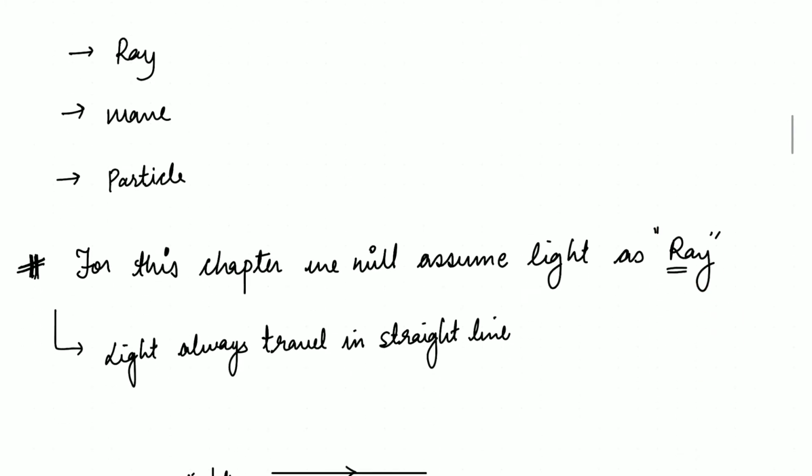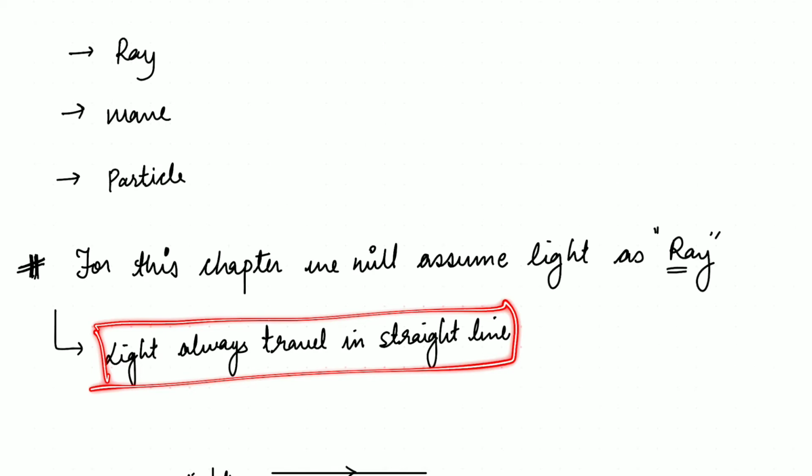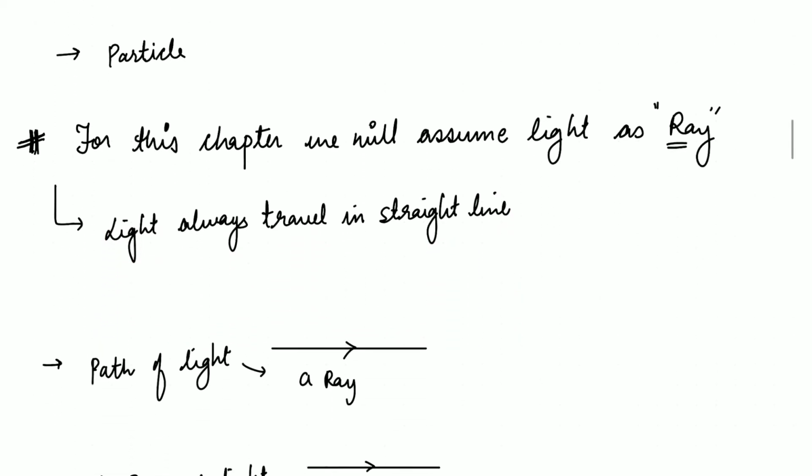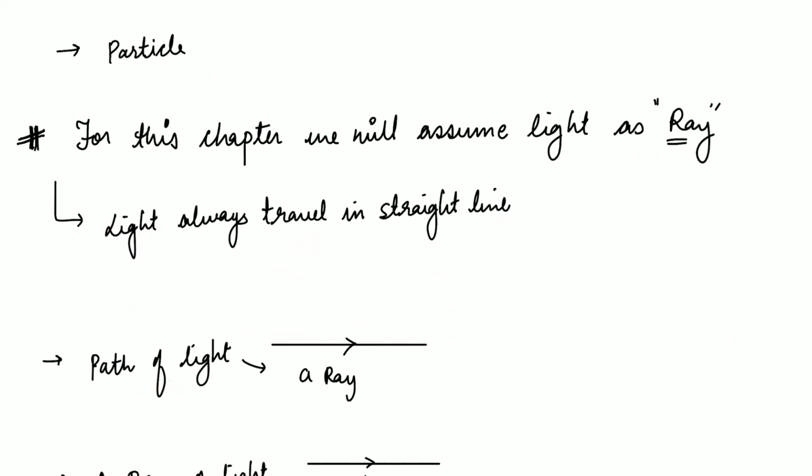For this chapter there is an important thing: light will travel in a straight line. We will say that light has a property which is the rectilinear property. Light propagates in a rectilinear fashion, right? So light travels in a straight line. That is true for this particular chapter. We will assume that light will always travel in a straight line, right? Okay, the path of light, like I said, will be a ray that is represented by this line and also the arrow.